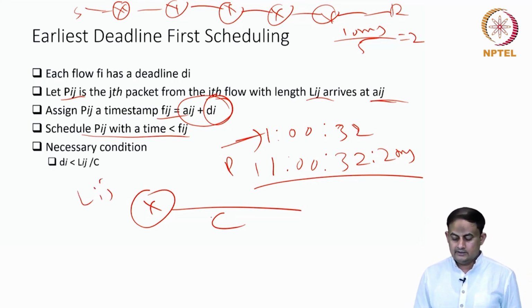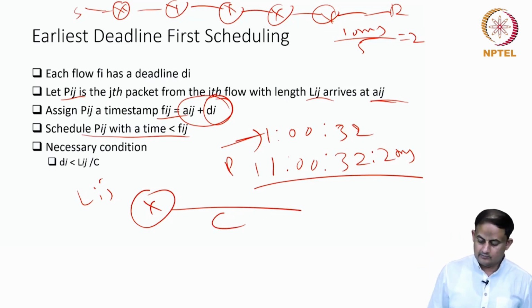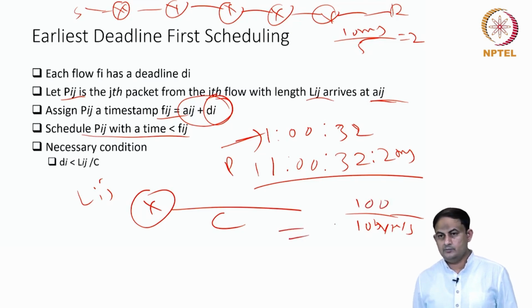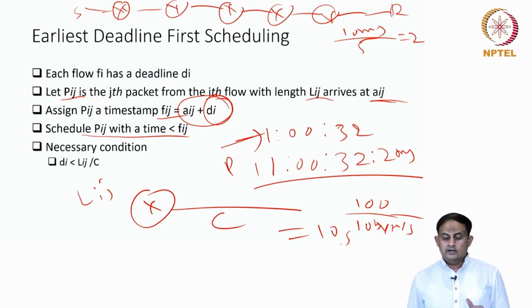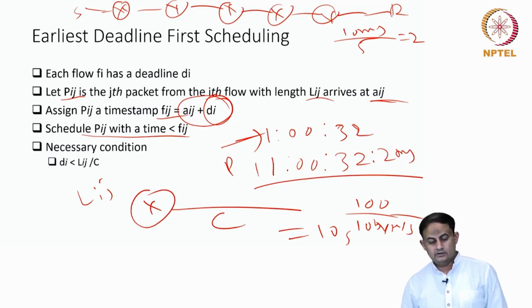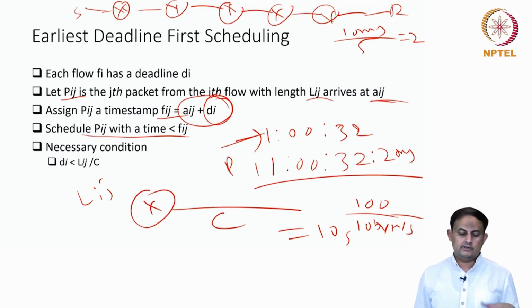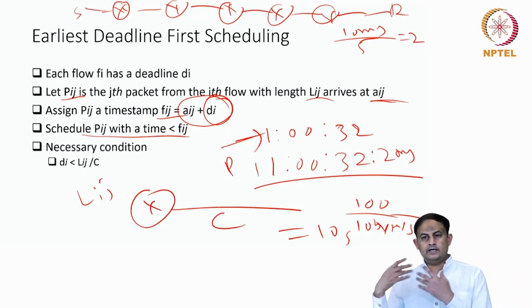Let us say the rate at which the packets are transmitted is R, maybe 10 bytes per second, and Lij has 100 bytes. So, the transmission time for this packet is going to take 10 seconds, and a necessary condition for earliest deadline first scheduling to work is that you have to meet this deadline. That can happen only when your dij is larger than Lij divided by the capacity, the rate at which the packet is transmitted.